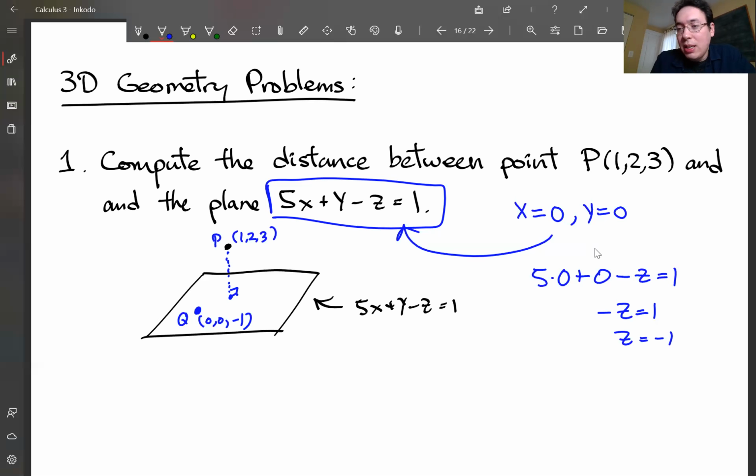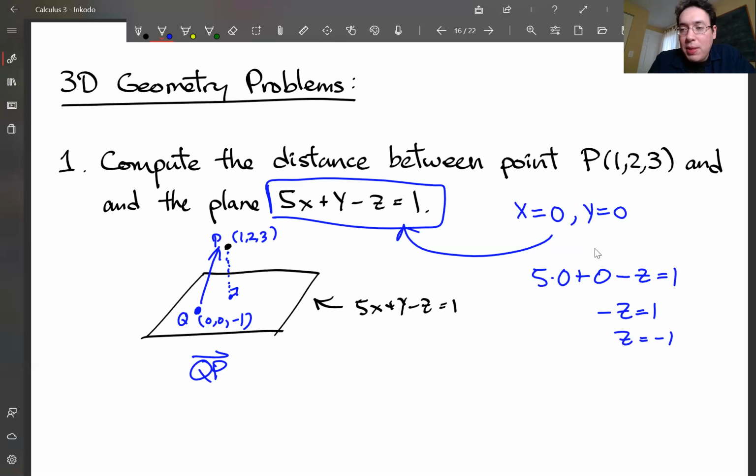Okay. Now what do I do next? I'm going to draw a vector from Q to P. And why am I doing this?